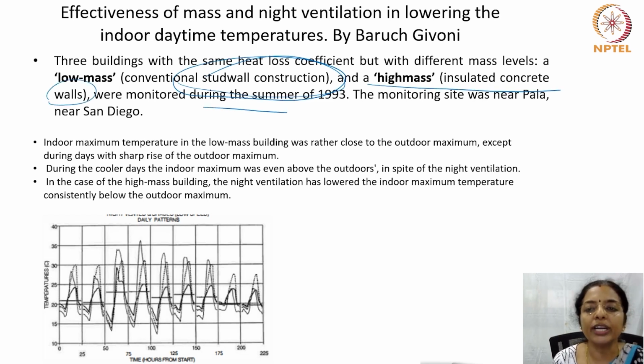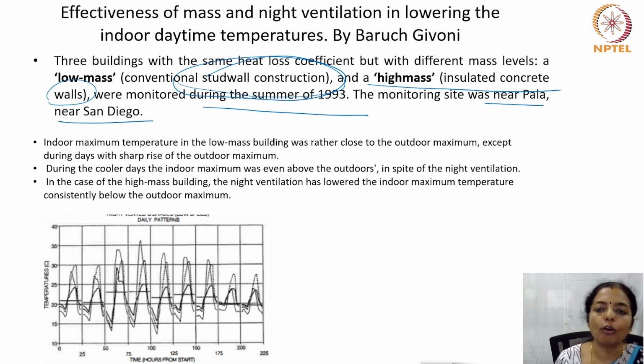They were monitored in a summer month at a place near Pala in San Diego. The results showed that the indoor maximum temperature of a low mass building was very close to the outdoor maximum, except during days with a sharp rise in outdoor maximum.